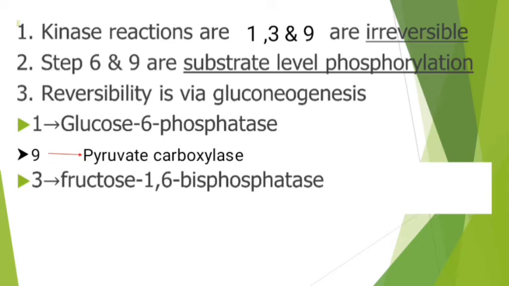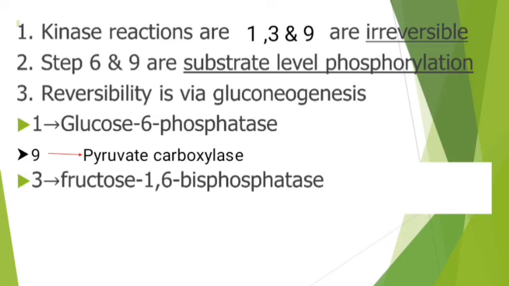Steps 6 and 9 are substrate level phosphorylation. These are exam focus. Please pay attention. Reversibility is via gluconeogenesis. Via gluconeogenesis, glucose 6-phosphatase, domiciled in the smooth endoplasmic reticulum of any cell, converts glucose 6-phosphate into glucose by cleaving off the phosphate group attached to the glucose.